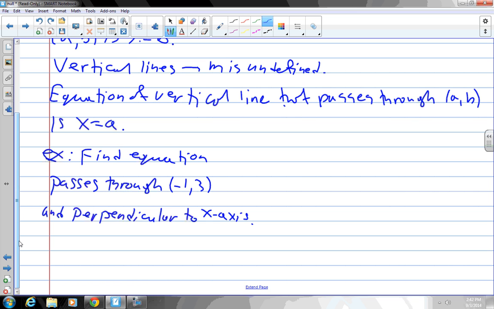So what do you think? A line that's perpendicular to the x-axis and passes through (-1, 3).